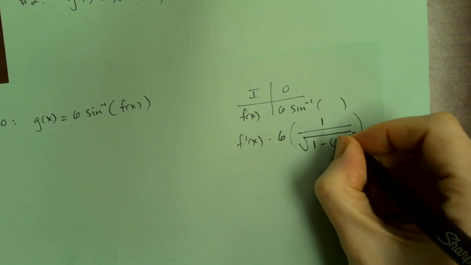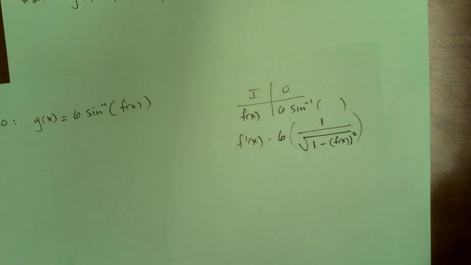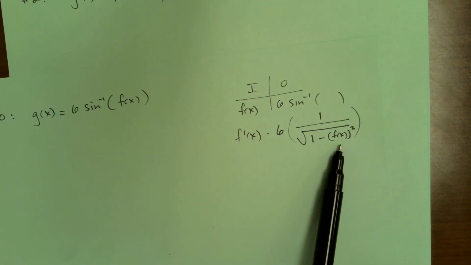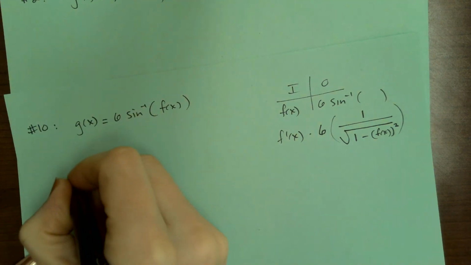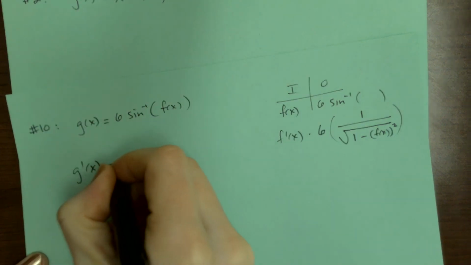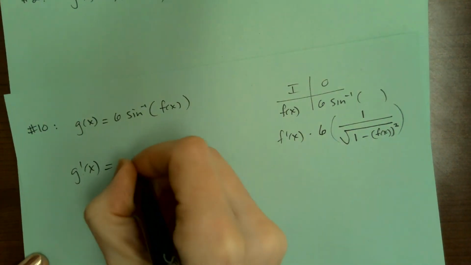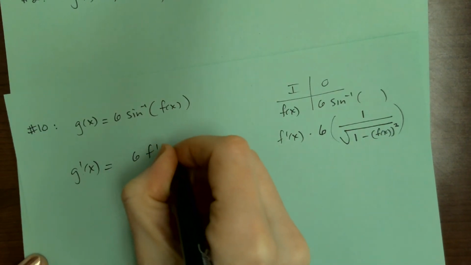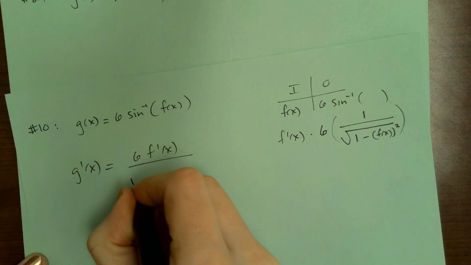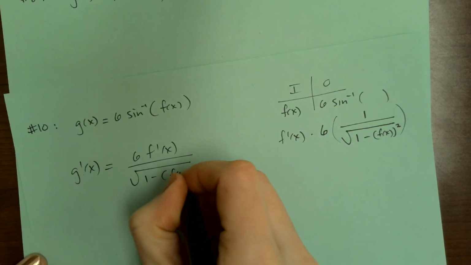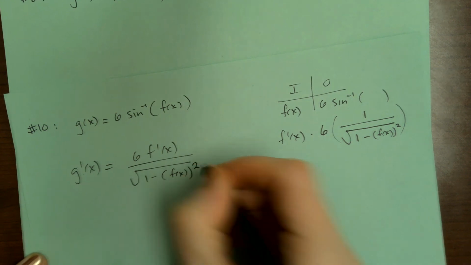So it's okay if you don't always remember them. And then the f of x goes back in. Okay, so here we get that g prime of x equals, I'll just multiply straight across, so I'll end up getting 6 f prime of x over radical 1 minus f of x squared.